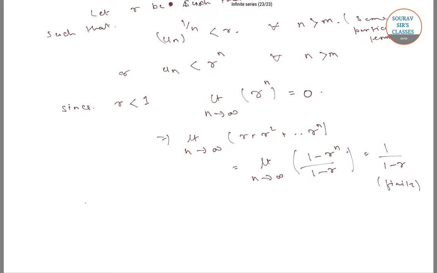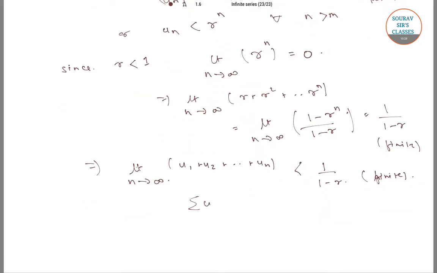So this implies limit n tends to infinity u1 plus u2 plus so on till un is less than 1 divided by 1 minus r, which is a finite quantity. Hence, summation un is convergent.